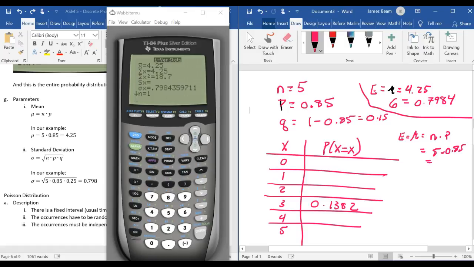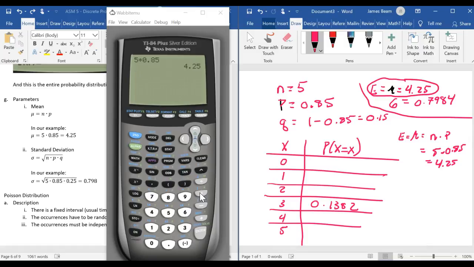And if you think about this long enough and hard enough, that's going to make intuitive sense. 5 times 0.85 gives me the 4.25, which is precisely what the weighted mean using the calculator gave me anyway. So what does that mean? If I grab 5 adults in this situation, I would expect between 4 and 5 of them to know how to use Instagram, more likely 4 than 5, because 4.25 is closer to 4 than 5.